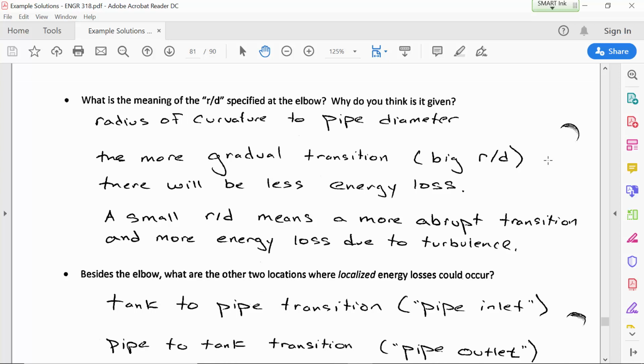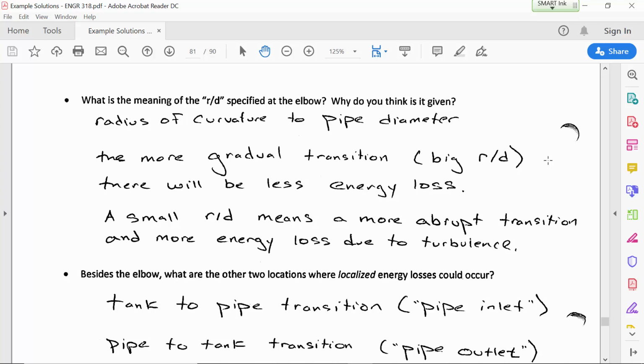If you look at the K values on the table, the radius of curvature, where it's a very abrupt transition, so 1 means that the radius is very short relative to the diameter of the pipe. So that means it's going sideways and then almost instantaneously the flow is going down.